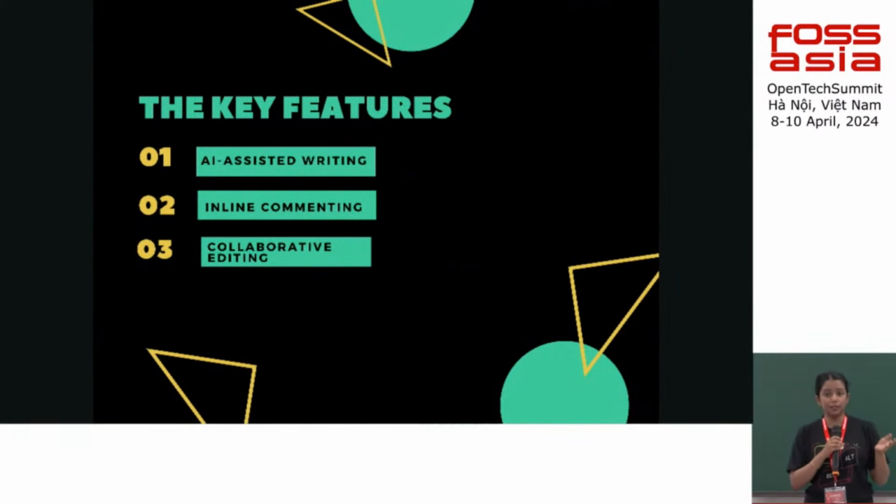And some of the key features that headless Hashnode has, especially for students or writers or somebody who is creating content: we have AI-assisted writing. Just come up with an idea, and if you want to improve your grammar, shorten it, and do all the fancy things that AI can help you with, that's already built in. Next, we also have inline commenting. For people who have used Google Docs, you'll see that there is an option to add comments and reviews.